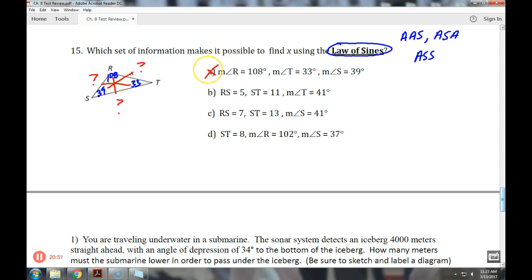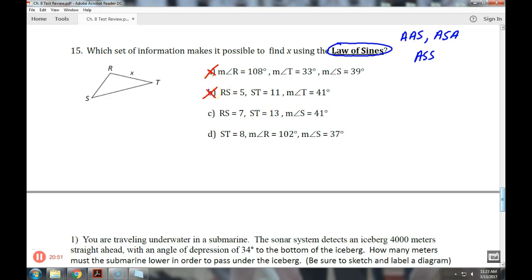So I couldn't use the law of sines for part A. So then I come back through and I look at it again, part B. If RS was 5, ST was 11, and angle T is 41 degrees, well, this one, let's see, I have these two, but to get x, I would need to have the angle across from it, and I don't have it. I would have two unknowns. So definitely cannot be B.